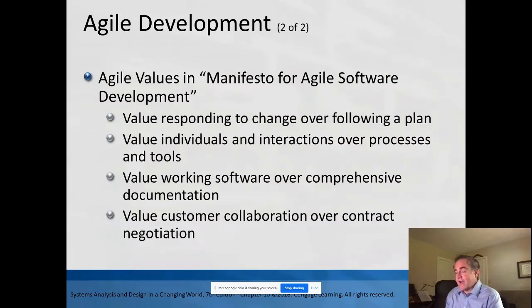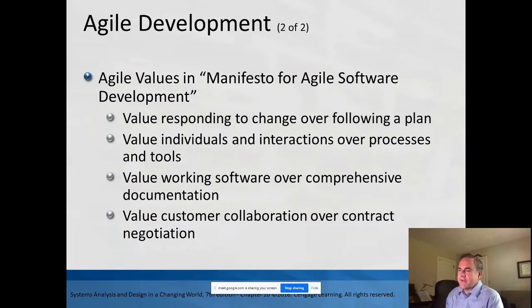In other words, the actual software should work. Much more important than comprehensive documentation, which a lot of the older methodologies, where you have to have perfect design, perfect analysis before you move on, emphasized. Agile says you should do the documentation, but that's secondary to having the software actually working.